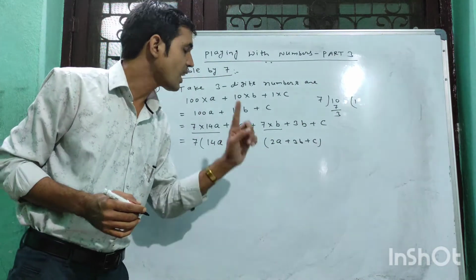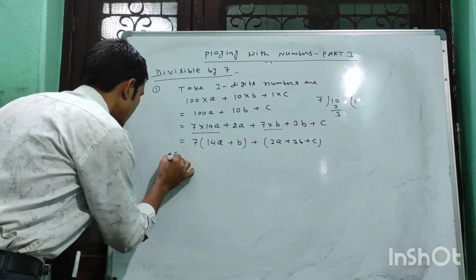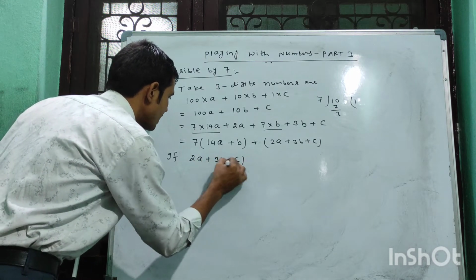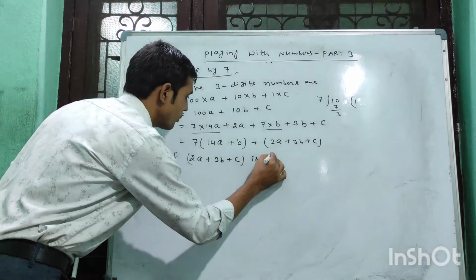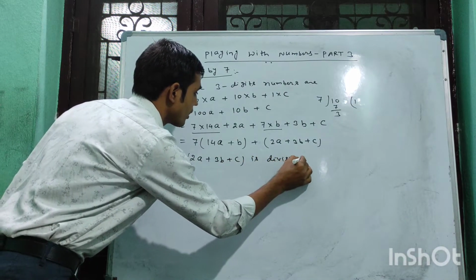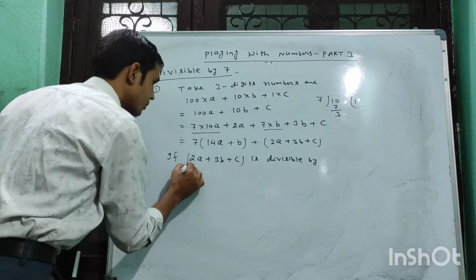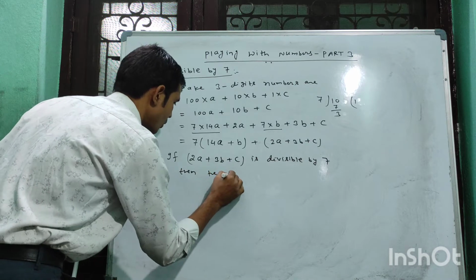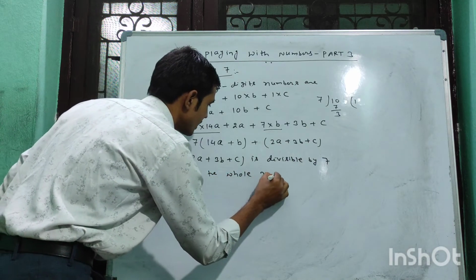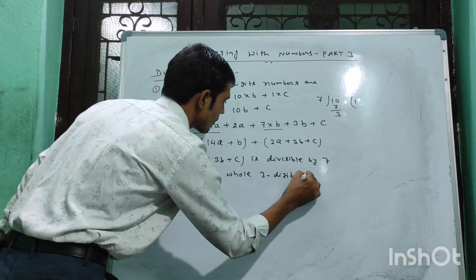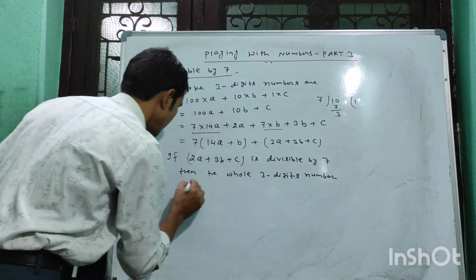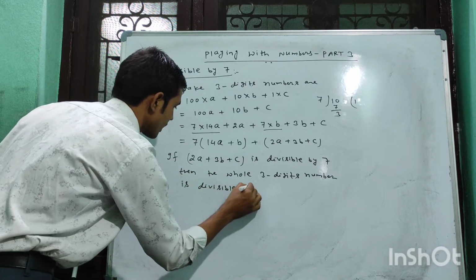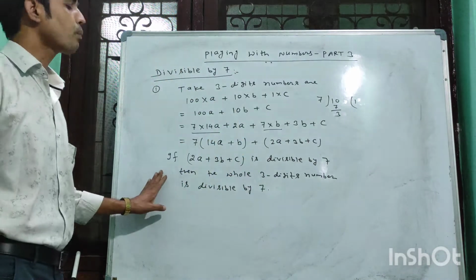Then we say that if 2A plus 3B plus C is divisible by 7, then the whole 3-digit number is divisible by 7. That is one of the processes.